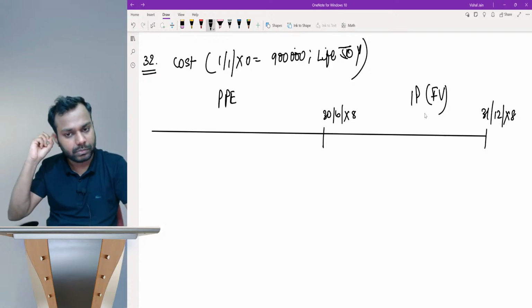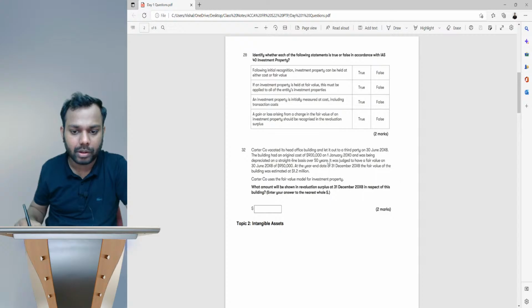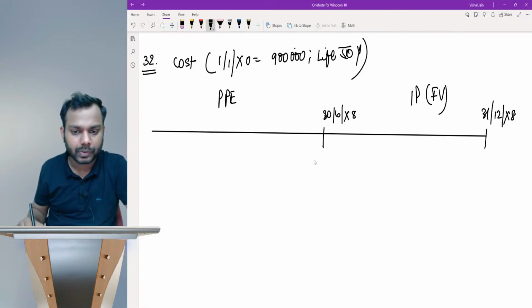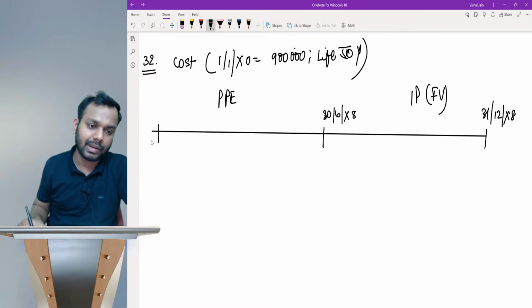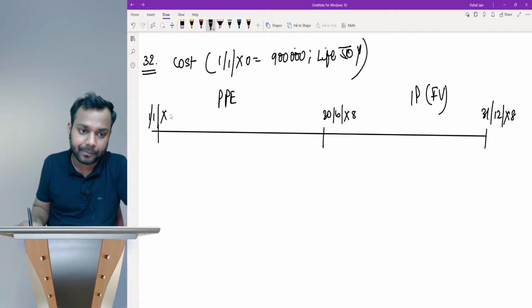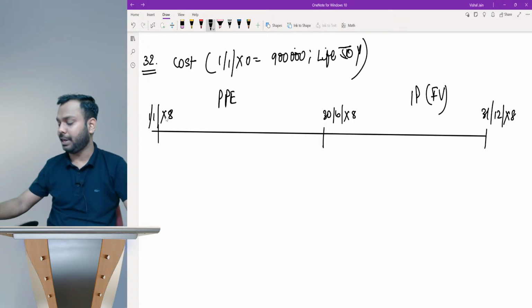So let's calculate what is the carrying amount on 1st January x8. Tell me what is the carrying amount on this date?